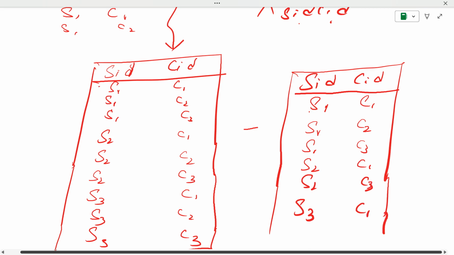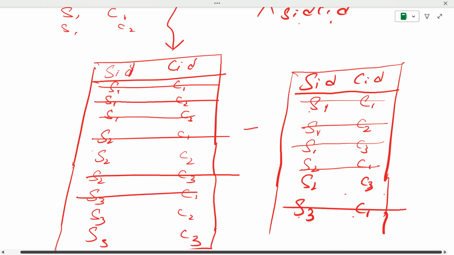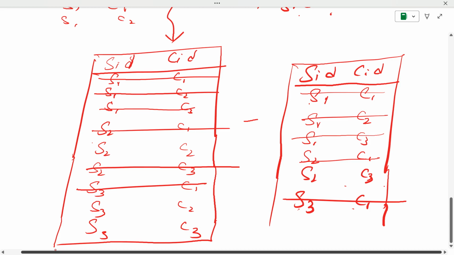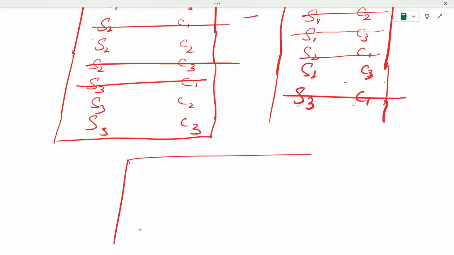We subtract S1 C1, S1 C2, S1 C3, S2 C1, S2 C2, and S3 C1 from the full set. Whatever is remaining gives us the wrong combinations, which are actually not present in enroll.